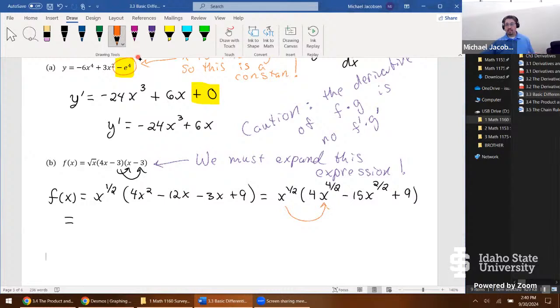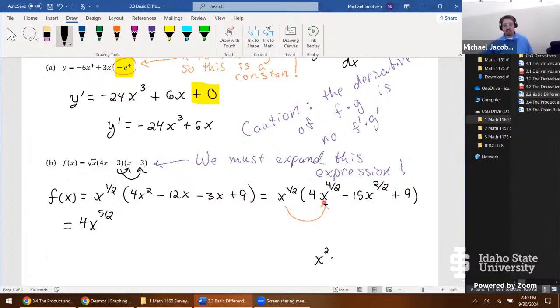When it multiplies here to here, we get 4 x to the power of 5/2. Let me just fix my equality sign. There we go. So all that happens when we multiply x times an x is, think of the simple example.